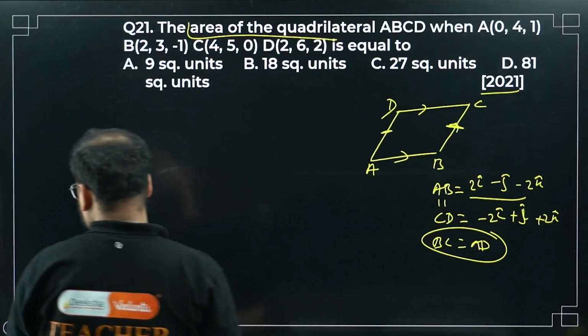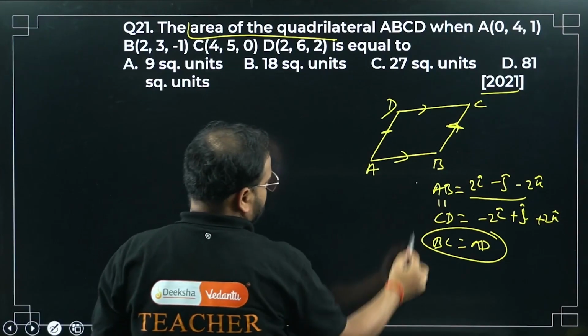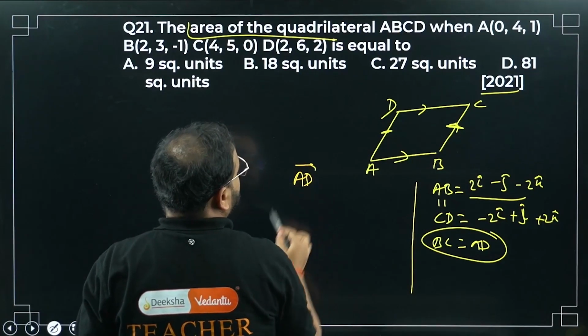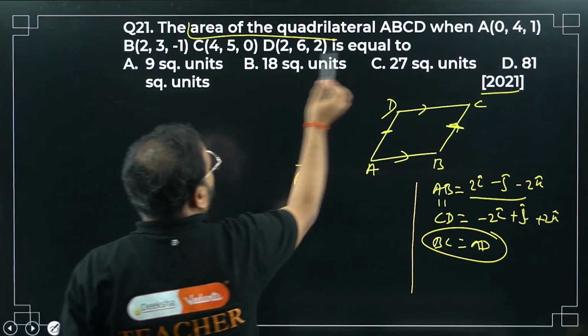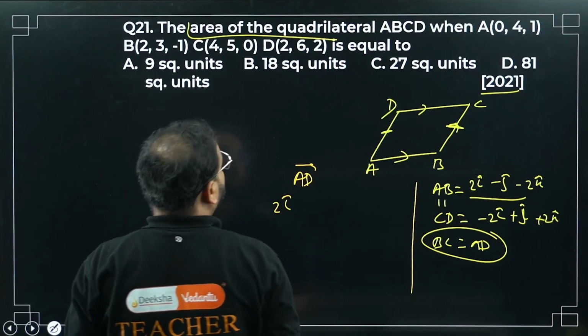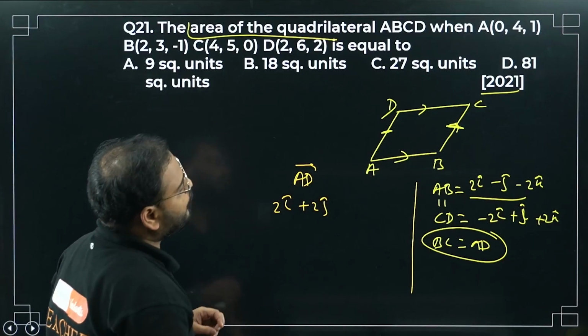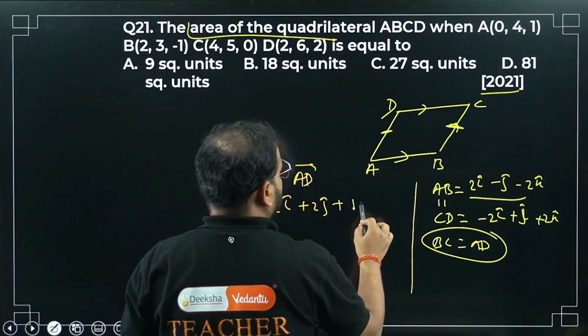It looks a little messy over here, I can write in this space. Right here, vector AD will be given by 2 minus 0, so 2 i cap. 6 minus 4, so 2 j cap. And 2 minus 1, so plus k cap.